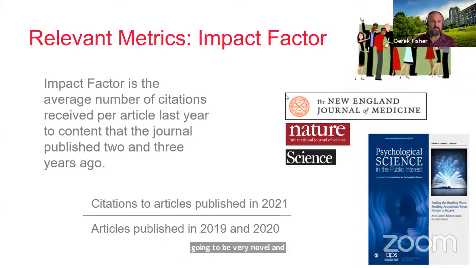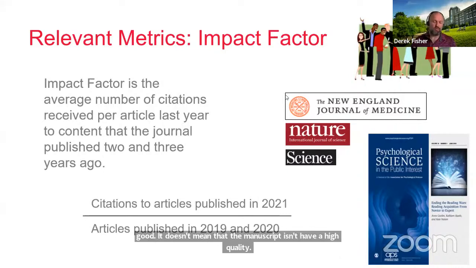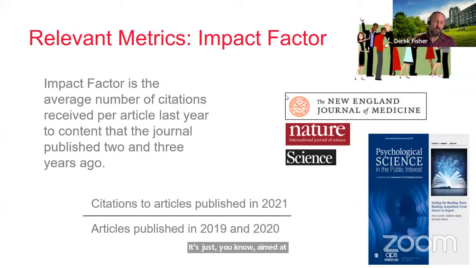And that's okay. It doesn't mean that the work isn't good. It doesn't mean that the manuscript isn't of a high quality. It's just aimed at a different area, and it's going to be relevant to support established knowledge, maybe provide some nuance to what we know. And that's where a lower impact factor journal can end up being a much better place for research.